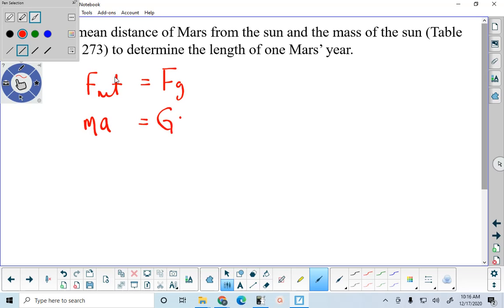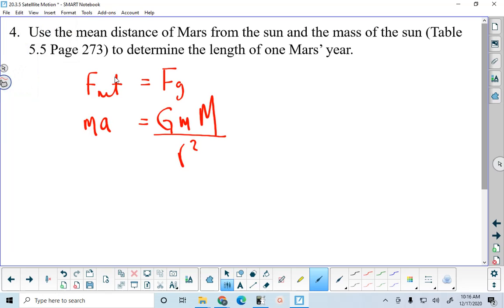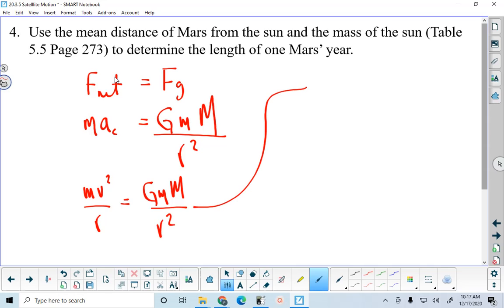This is G, M of Mars, M of the Sun over R squared. Mars is in orbit around the Sun. The a is centripetal, so you get mv squared over R equals G, M over R squared. I mean, how many times am I going to do this before we just say, as long as you know how to do it, that's fine.